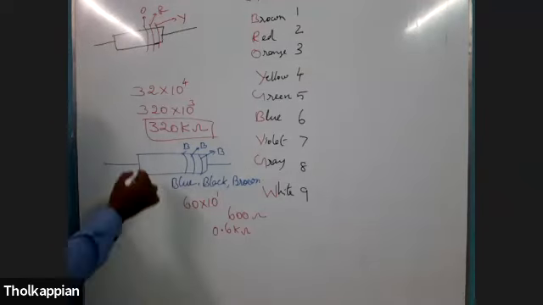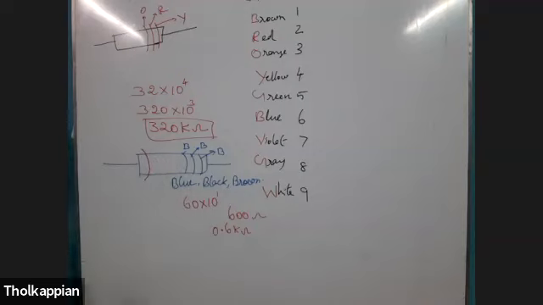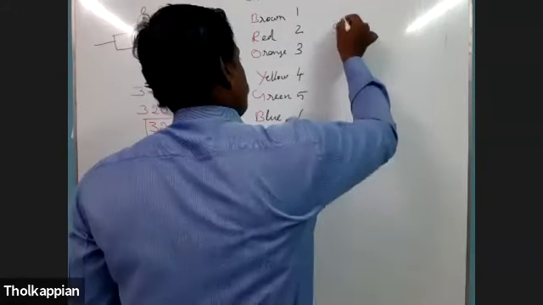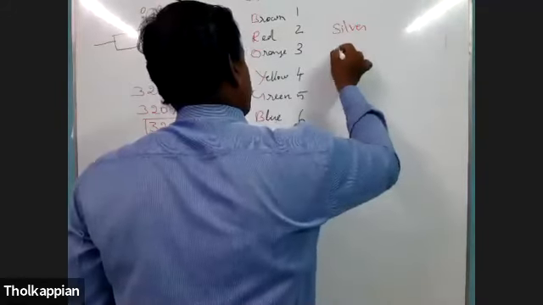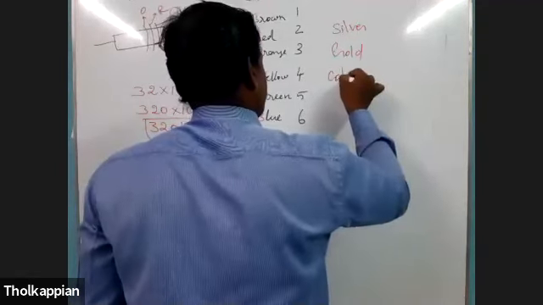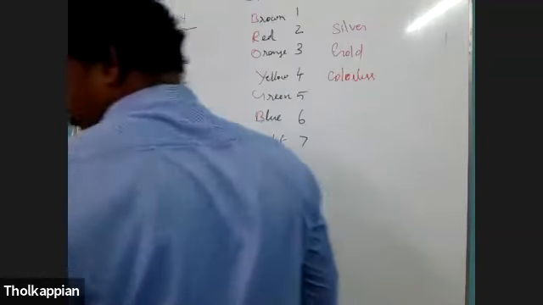And one more thing, what is the value if one more color is given? On this side, there are three possible colors they can give. One is silver, another one is gold, another one is colorless.